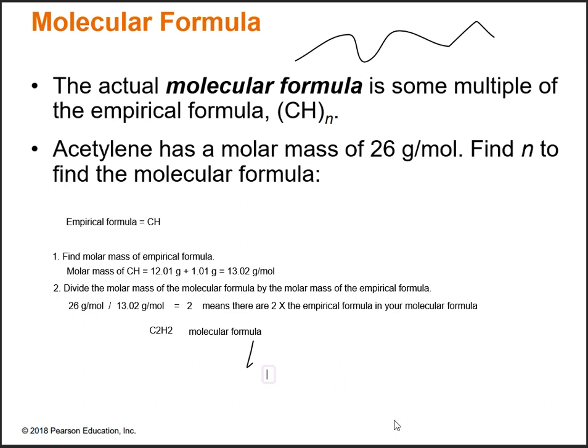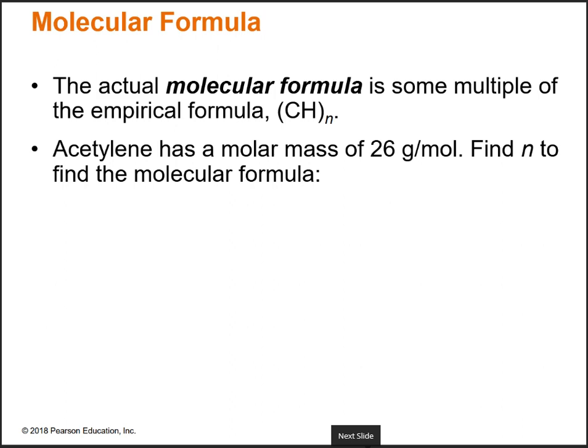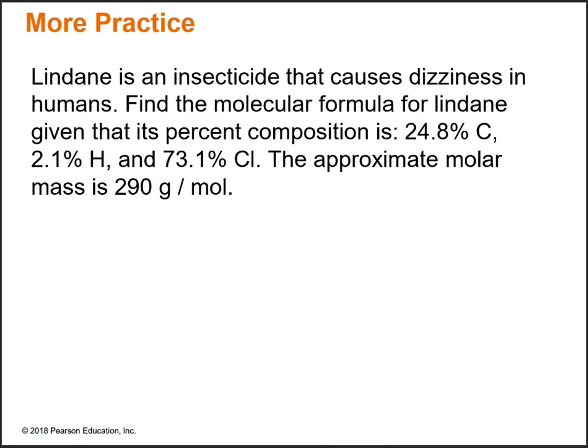So let's try a problem, a whole problem. Lindane is an insecticide that causes dizziness in humans. Find the molecular formula for Lindane given that its percent composition is 24.8% carbon, 2.1% hydrogen, and 73.1% chlorine.